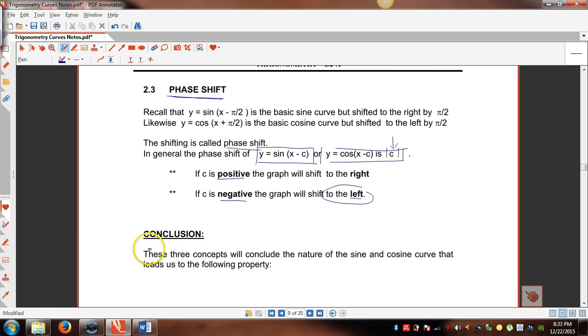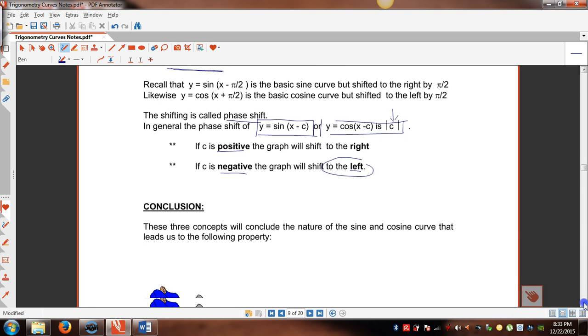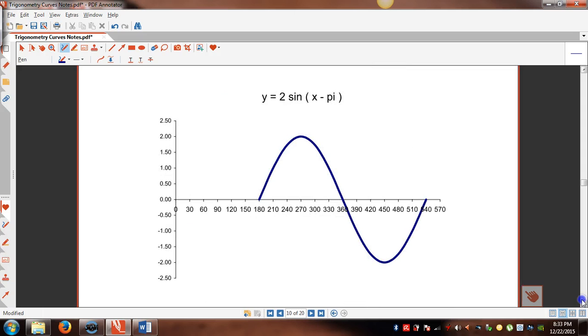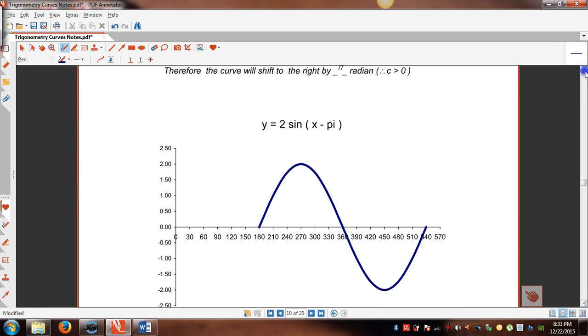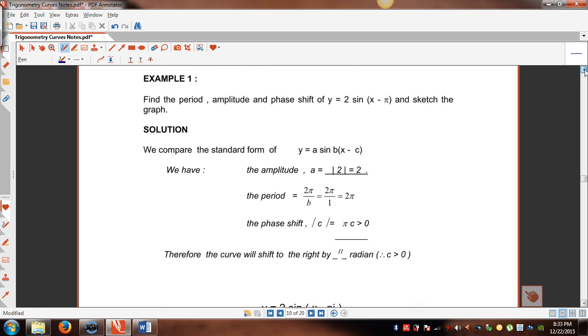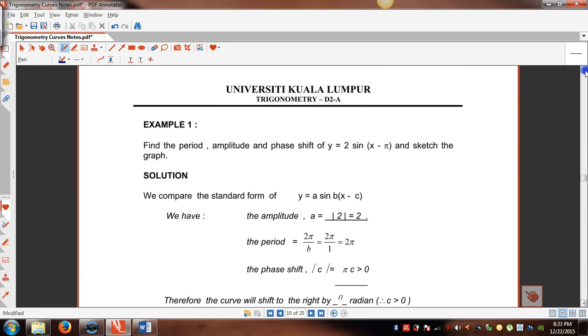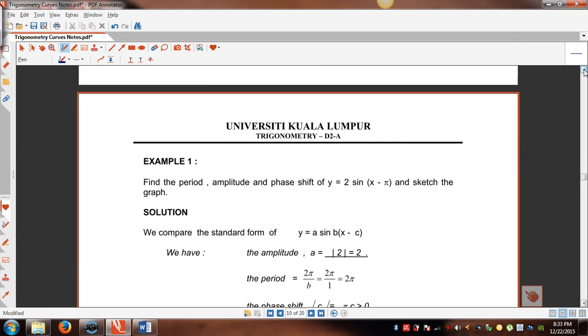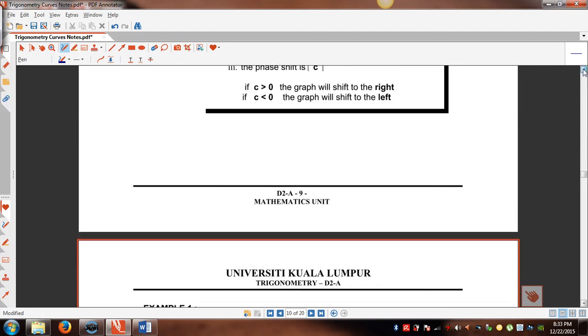Okay, so these three concepts conclude the nature of the sine and cosine curve that lead us to the following property. So what is the property? We have the remarks there. Actually, it's a conclusion of this lecture video.